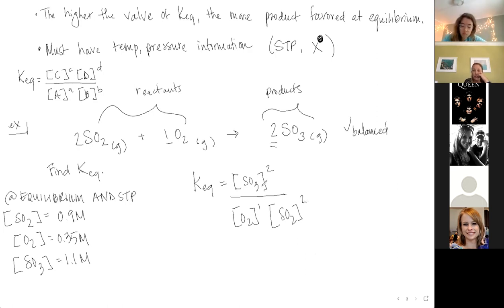Now we have concentration information for all of these. So we have 1.1 molar squared divided by 0.35 molar to the first power, and then 0.9 molar squared.